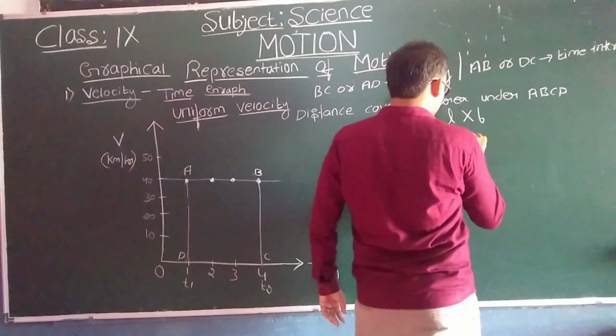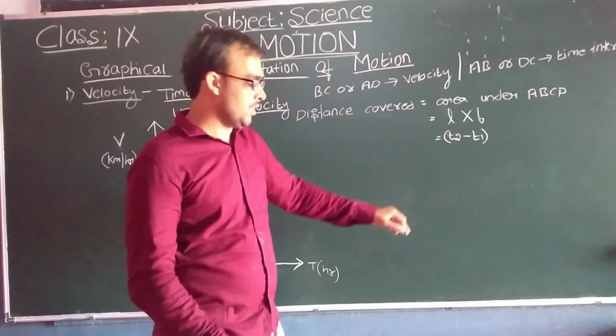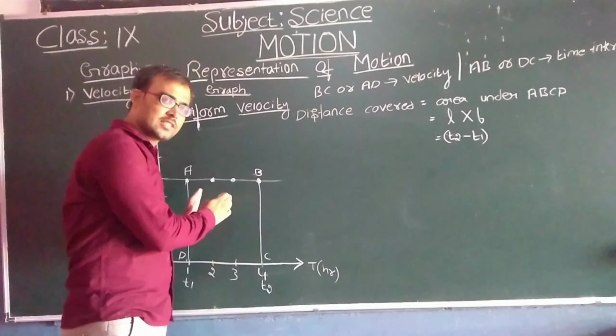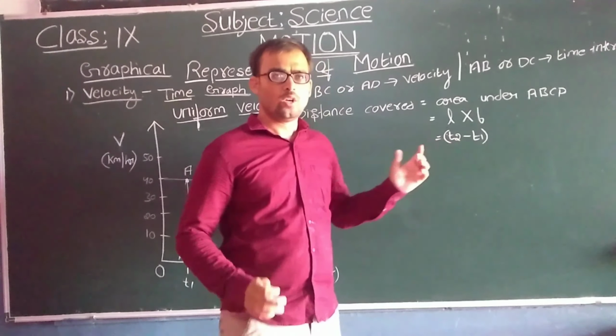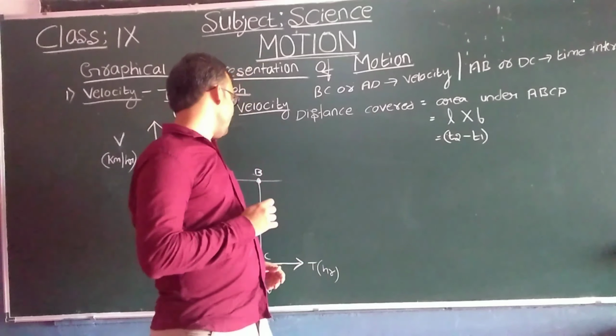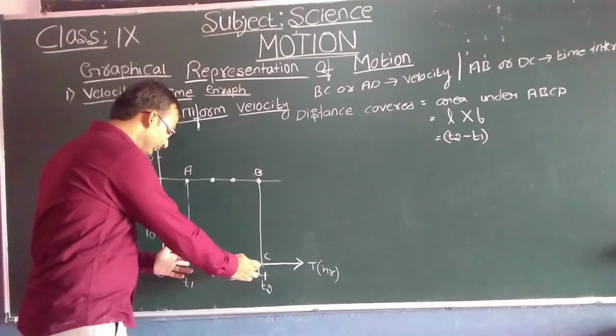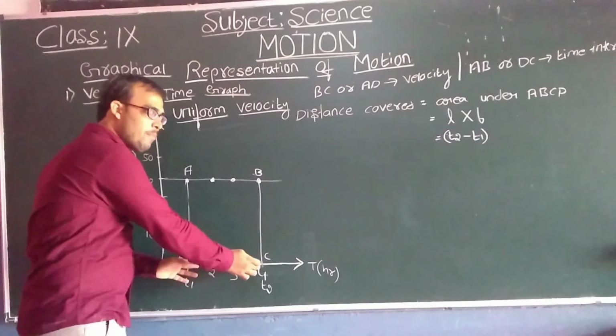We take t2 minus t1 because we need to calculate the distance traveled by the object within this time interval.